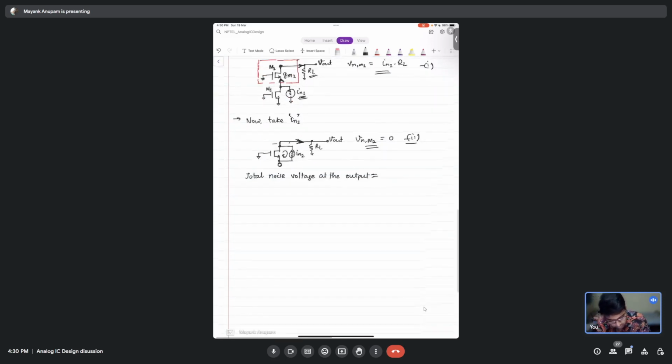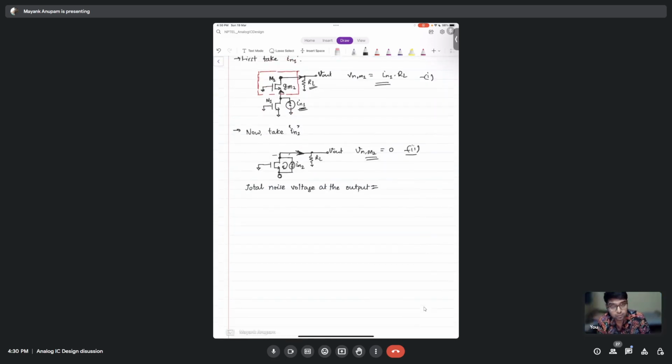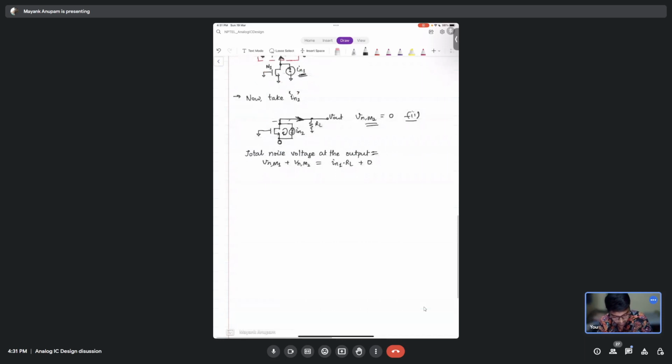IN1 times RL. Yeah, correct. So basically it is Vn of M1 plus Vn of M2, correct? And since Vn of M2 is 0, it is IN1 times RL plus 0, correct? And this is the total noise voltage, which is basically equal to IN1 times RL, correct?